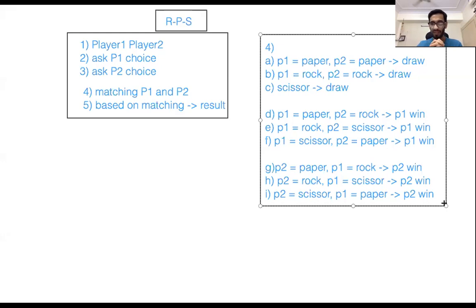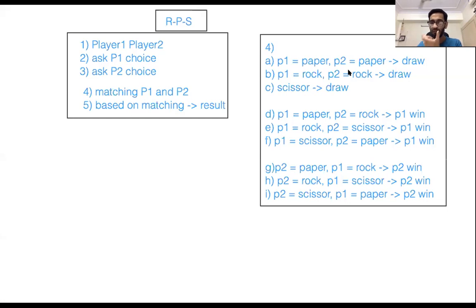So even if you're not sure how to implement something, say you're starting a new programming language, simple steps can help. Now you know that you need to do some kind of matching. If you're trying to do a matching or a comparison between two conditions, you can simply Google, in so and so language, how do I do a matching, or a comparison, or check if two values are equal?